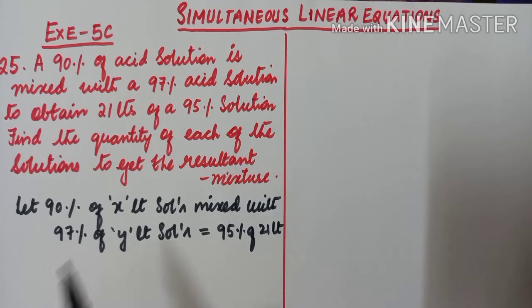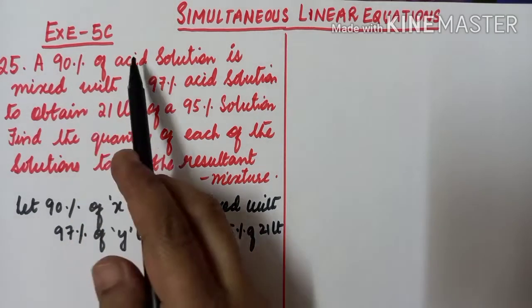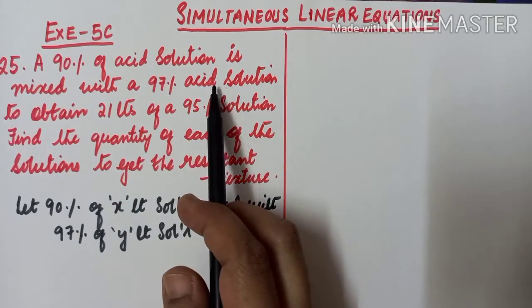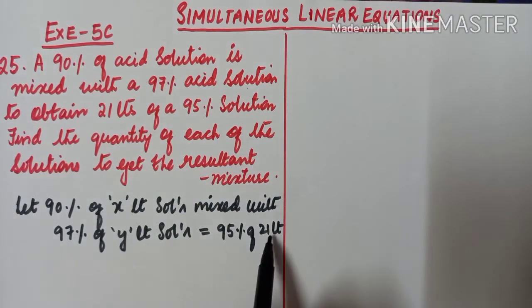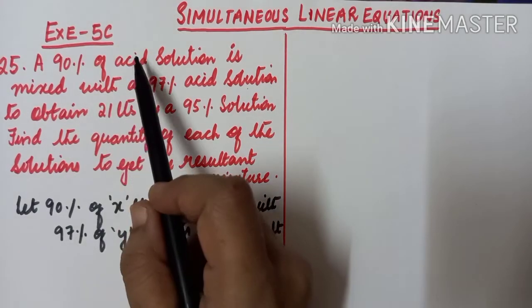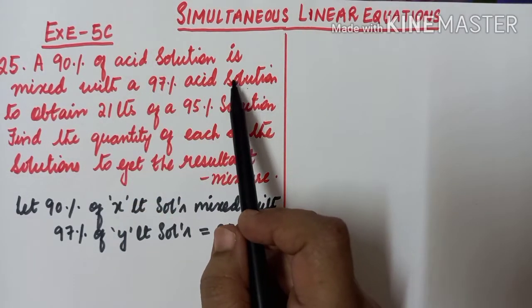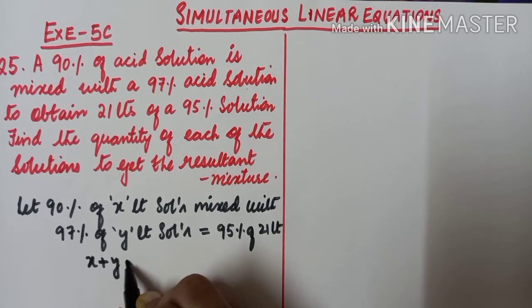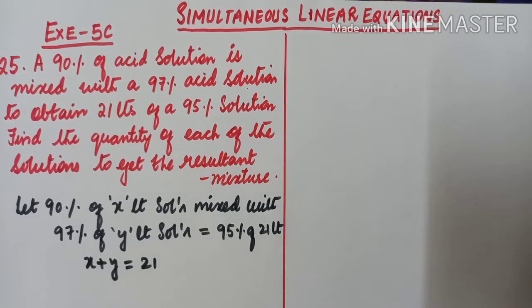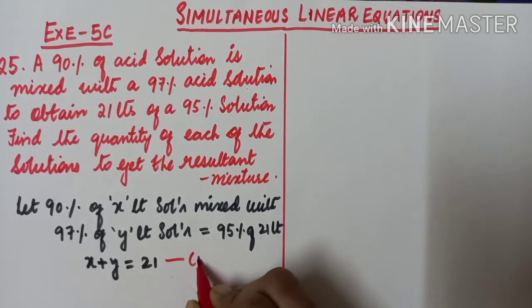Here x is one acid solution and y is the other, so this liters plus this liter equals this liter. So x plus y equals 21, already given in the question. Let us name it equation 1.